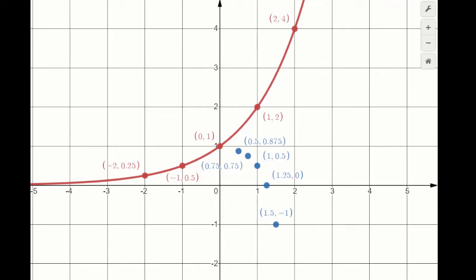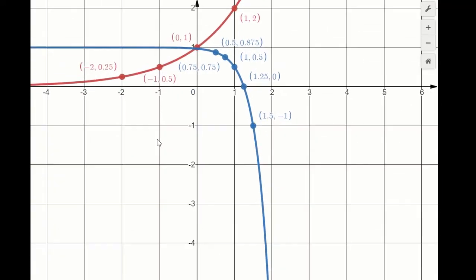All right, so now from the left to the right, if we really sketch the graph by hand, this is what it looks like. That's the shape of our graph.